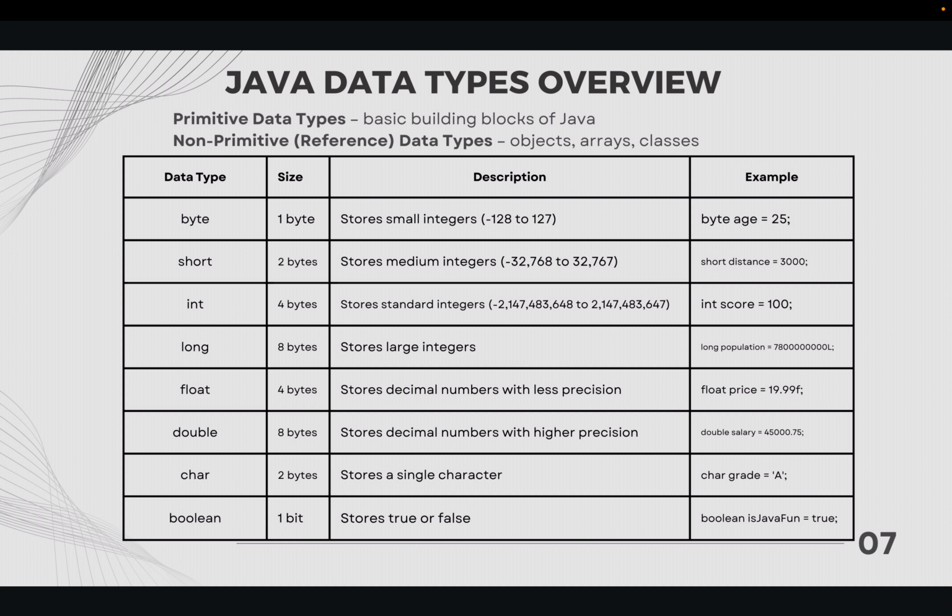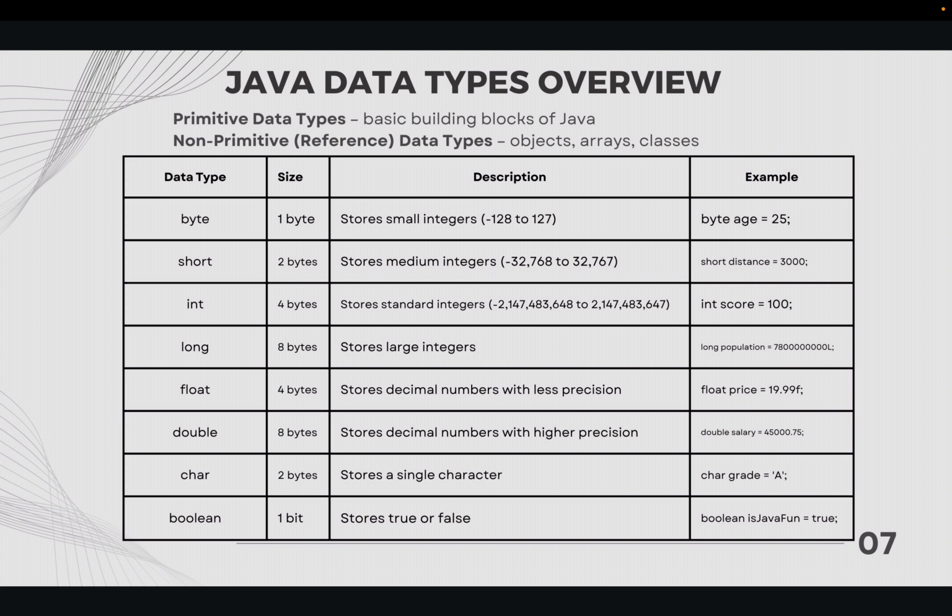All right, now let's talk about Java data types. Java data types are mainly divided into two categories: primitive data types, which are the basic building blocks of Java, and non-primitive data types, which are reference types, like objects, arrays, classes, and string.